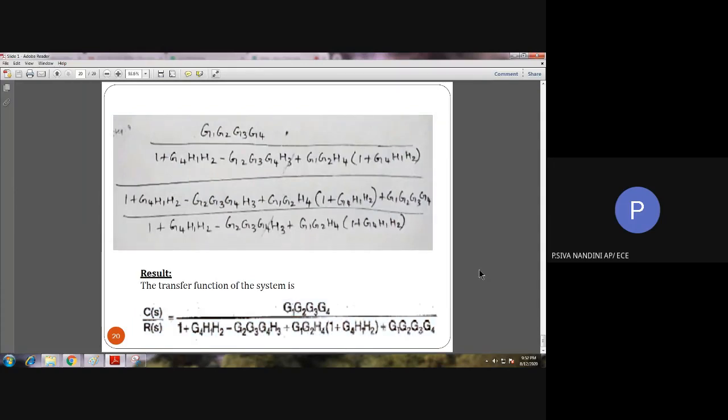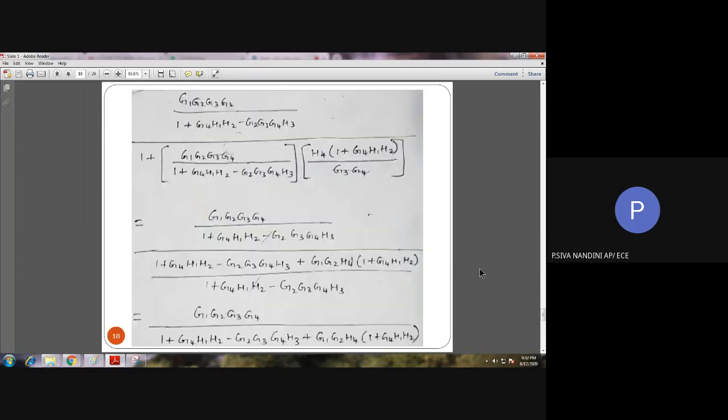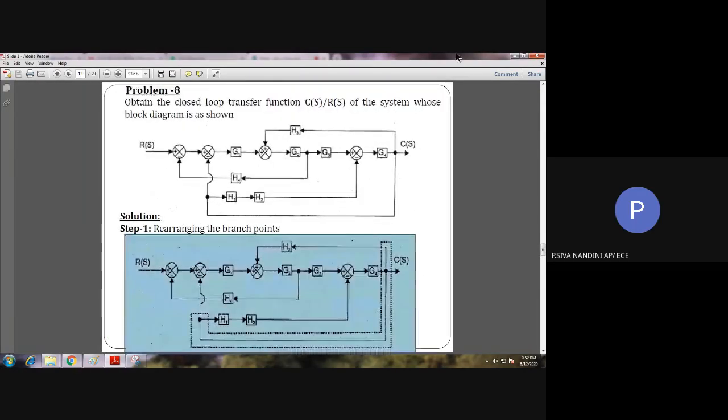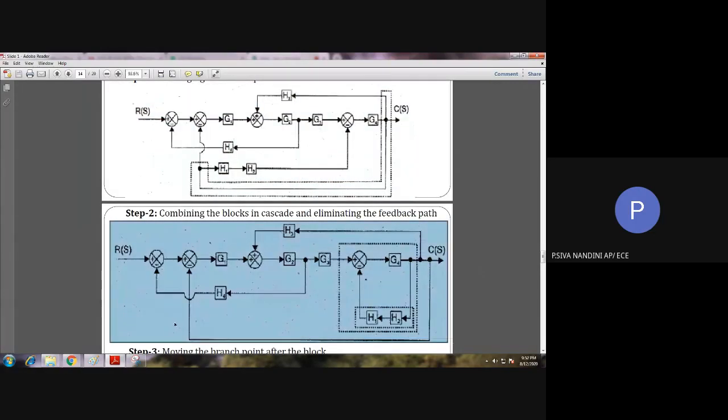Okay. So I shall repeat the procedure for this problem once again. In the first step, we rearrange the branch point for our easiness. So C of S is directly fed to the second summing point, as well as C of S through H1 and H2 is fed to the last summing point with a negative sign.